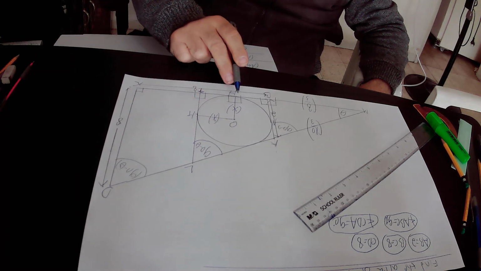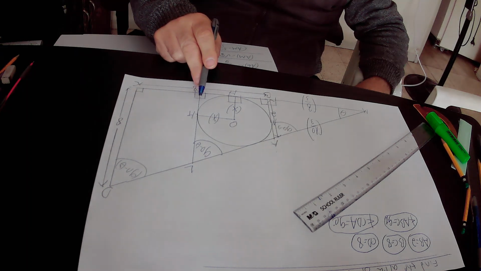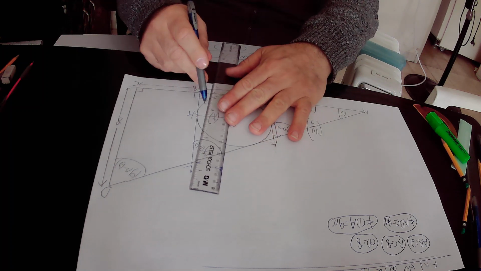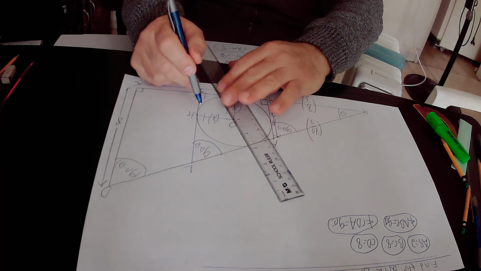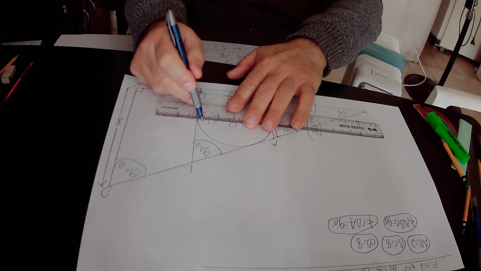Again, we have here the radius OK that is drawn to point K. Therefore, according to rule 1, this angle equals 90 degrees, and this angle also equals 90 degrees.